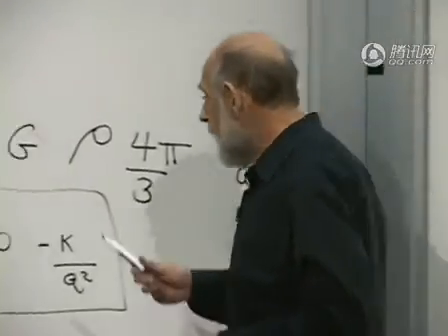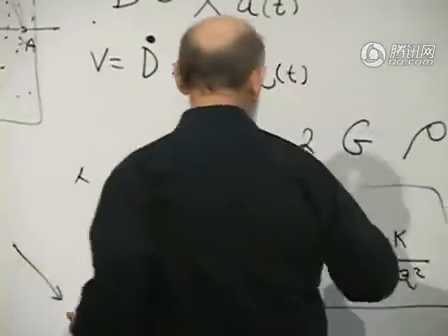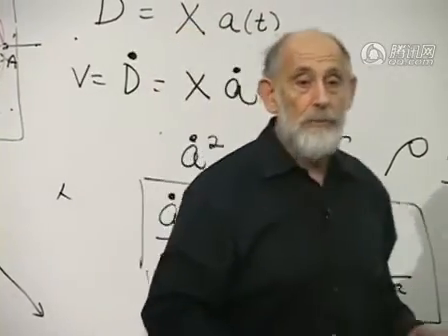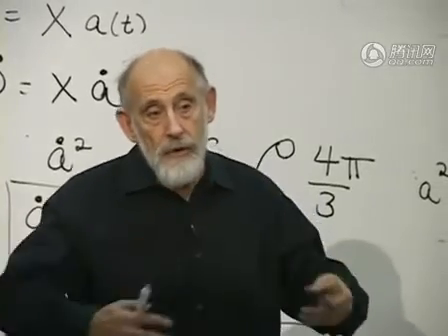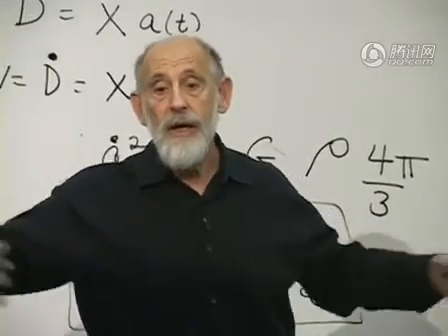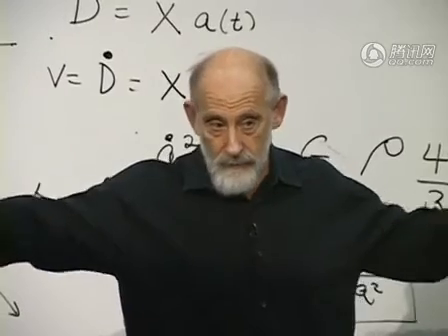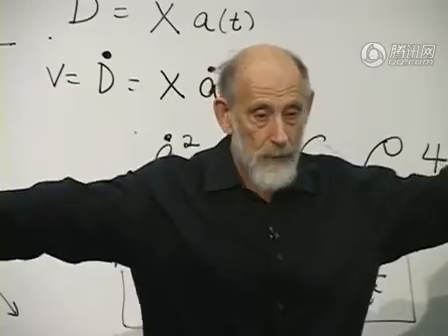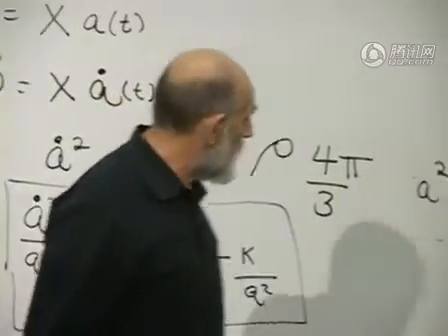Okay? So if minus k is positive, that corresponds to the positive energy situation. The universe just continues to grow, and gravity eventually becomes irrelevant, and everything shoots apart with uniform velocity.